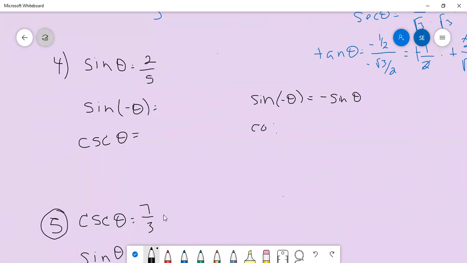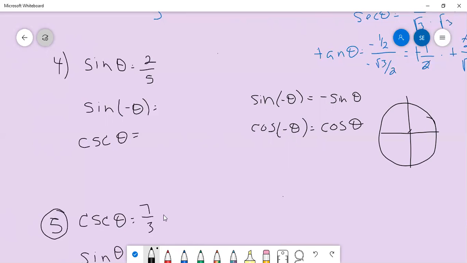Likewise, cosine of negative theta is just equal to cosine of theta. Okay? There's a couple ways to think about this, to remember this. If you're formula-based, absolutely remember this formula. If you're like me, in your graph, I always say, if this is some angle theta, this is going to be my negative theta.